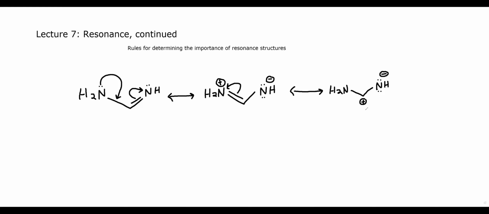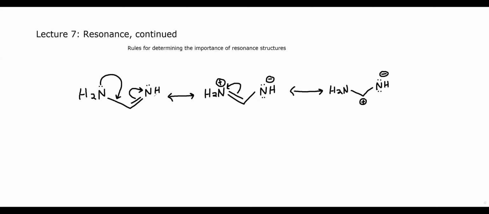It's always a good rule of thumb to make sure your charge is balanced. If you start with 0 charge, a neutral molecule like we did, every resonance structure should be overall neutral, right? We have a plus and a minus, overall neutral.